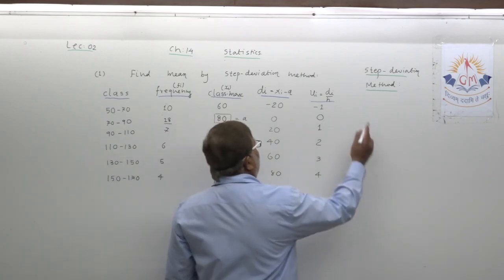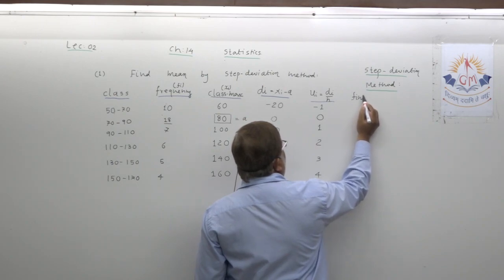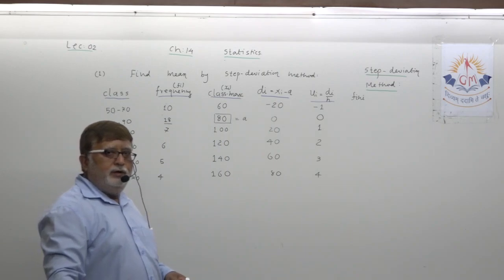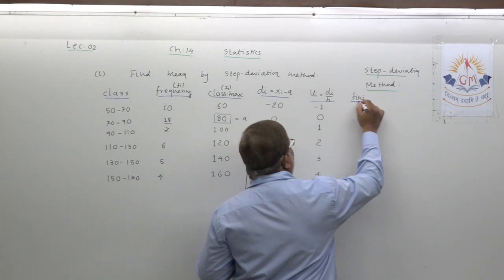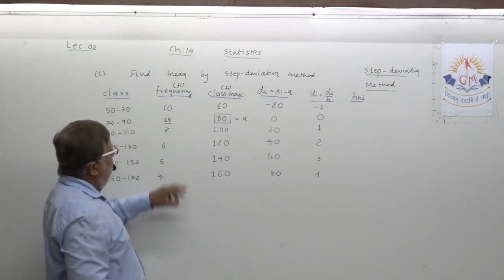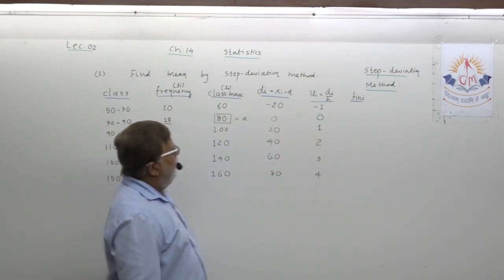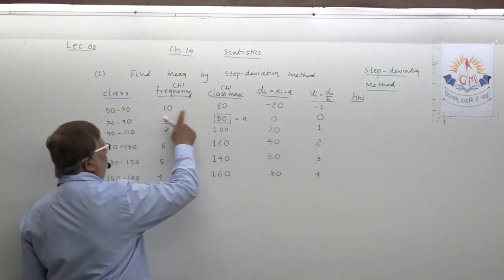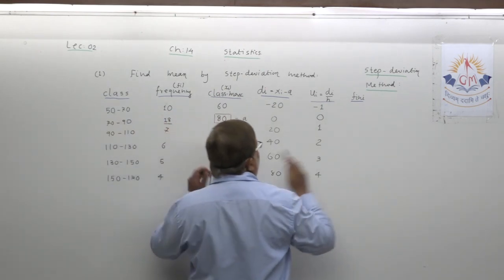Now the next column, that is fi ui. If you can remember, in the assumed mean method we were taking fi di. Here we have to take fi ui. So which two columns do you need to multiply? You can understand, the values of column 2 and column 5. Just target this: this is fi, that is ui. 10 into minus 1, that is minus 10.